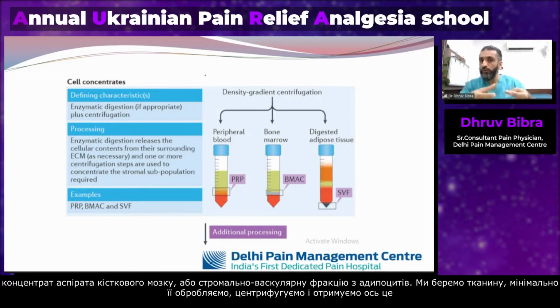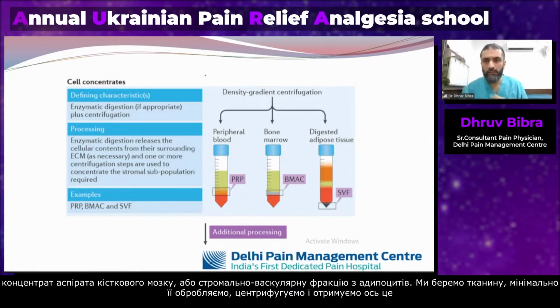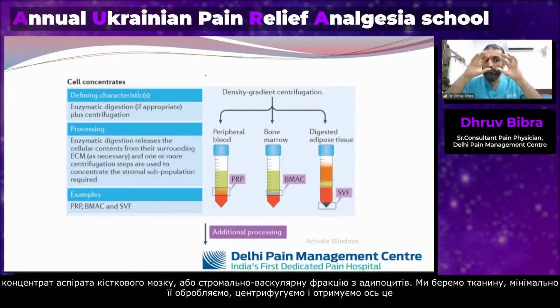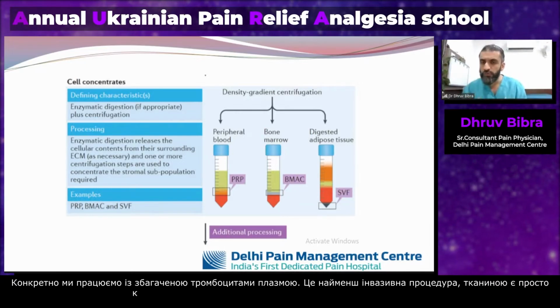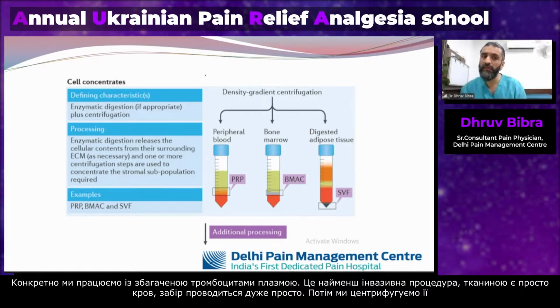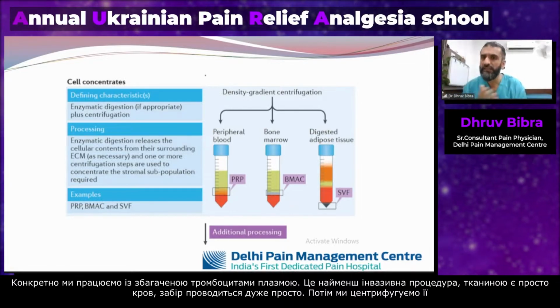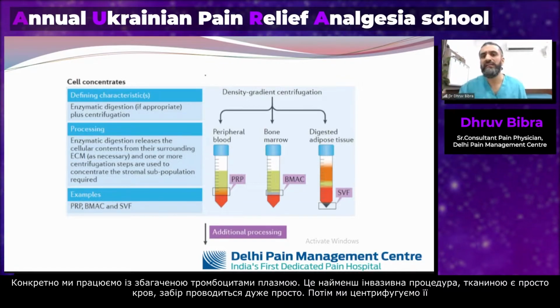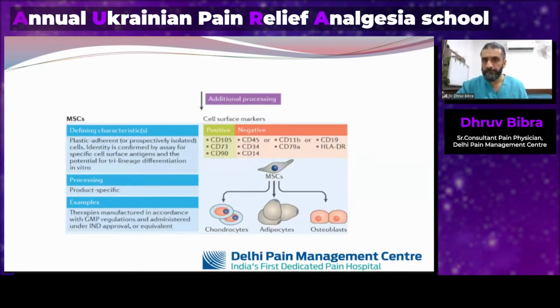So here you took it, minimally processed it and centrifuged it, and based on it we got these things. Most of what we are doing here, and what has caught on in a big way, is PRP, because it is the least invasive. The tissue is just blood, which you can get very easily, and then you can do a centrifugation.